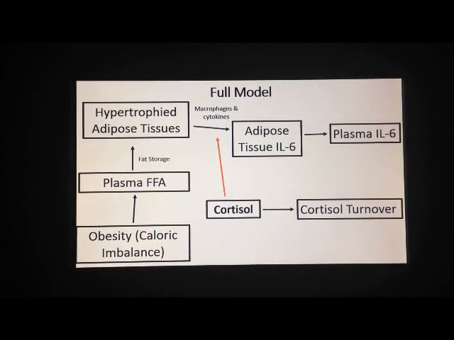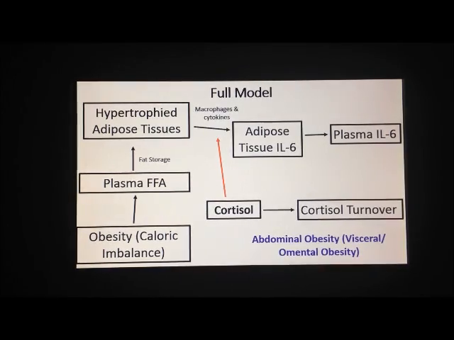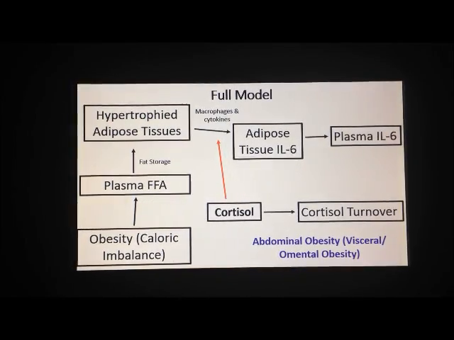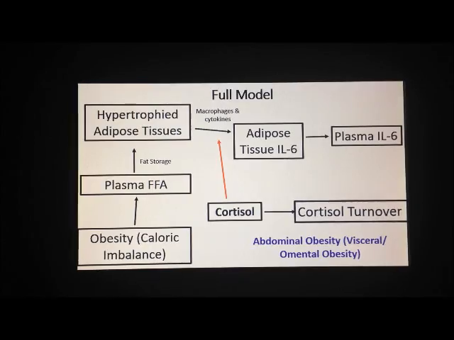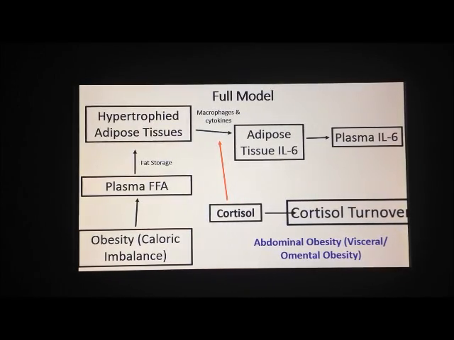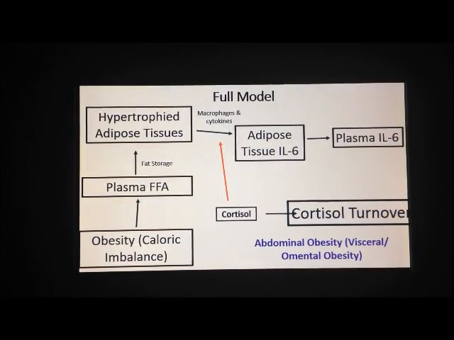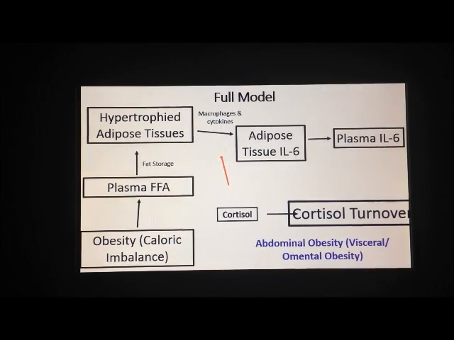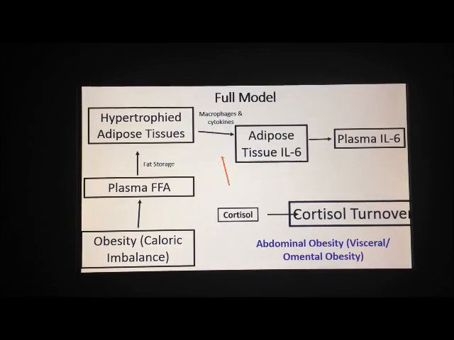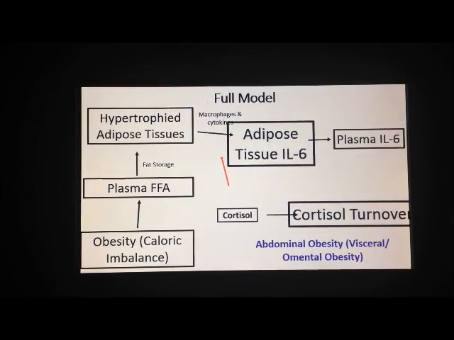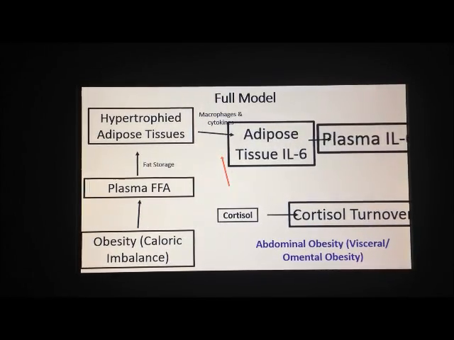To put this back in our overall model, with abdominal obesity, which indicates visceral or omental obesity, there's more cortisol turnover, which leads to less cortisol in our blood, which leads to less inhibition of the production of IL-6 in our adipose tissue, which ultimately leads to increased adipose tissue IL-6 and therefore increased plasma IL-6.